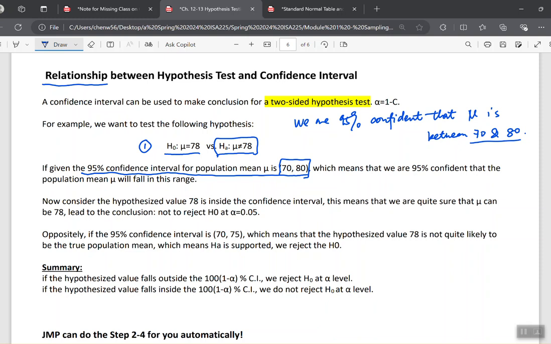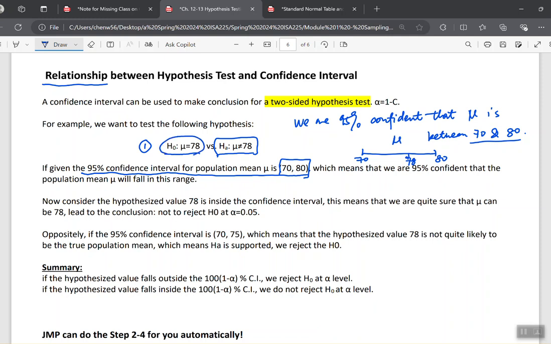In this case, we say we are quite confident that the population mean is between 70 and 80. So this is the idea of the confidence interval, 70, 80. I don't know where the population mean is, but since 78 is within this range, of course, the population mean can be 78, right?